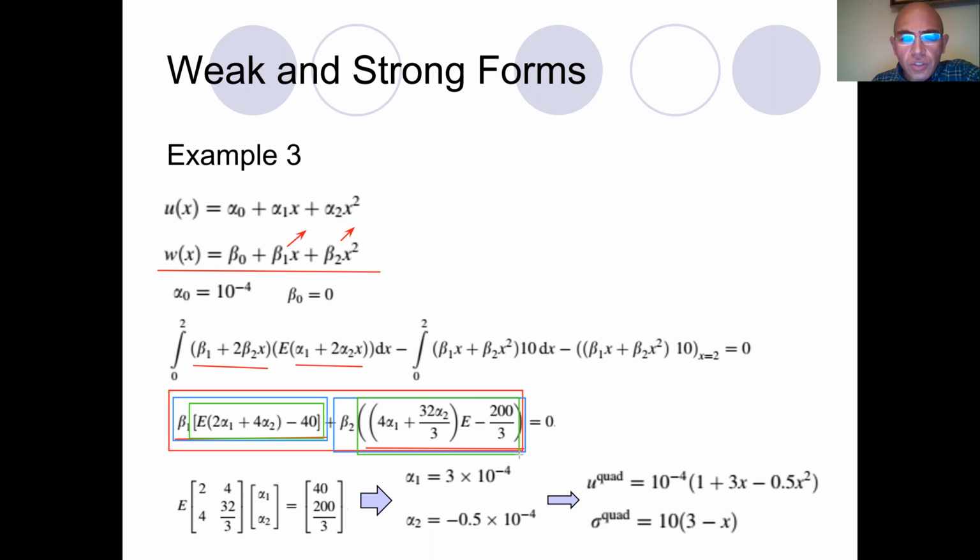So this has to be equal to 0, and this has to be equal to 0. This basically gives us two equations with two unknowns. So alpha 1 and alpha 2 are the unknowns here.